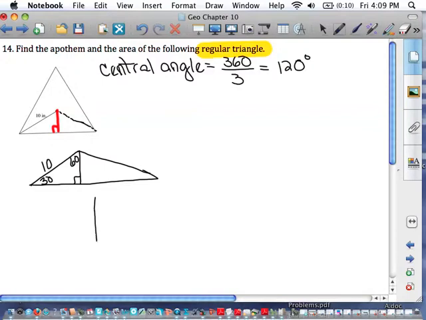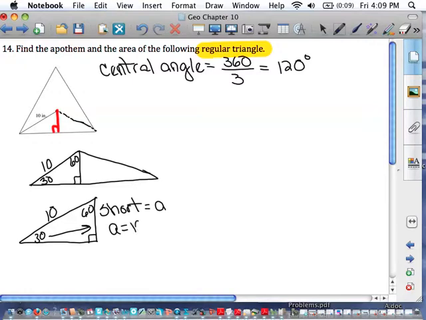So now I'm looking at this 30, 60, 90 triangle with a hypotenuse of 10. Remember, the short leg is opposite the 30-degree angle, so this is the short leg. That's represented by A, and that's half the length of the hypotenuse, so A is equal to 5.